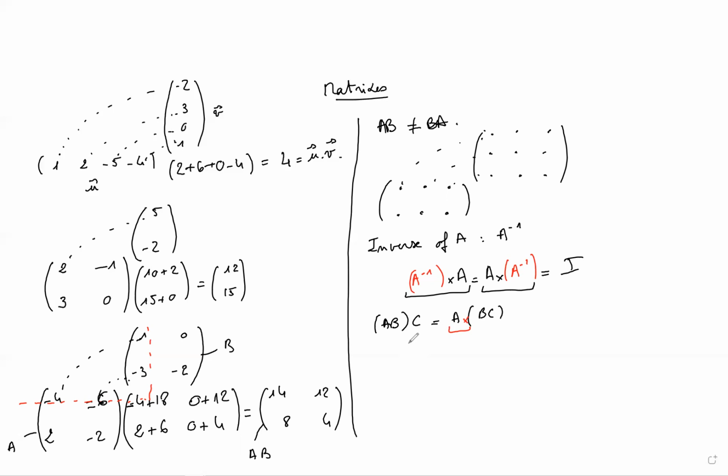Another classic property is that multiplication is distributive on addition, which means, as usual, you can do AB plus AC and so on, and all the usual properties, except it is not commutative. I know I'm repeating myself, but it's very, very important.